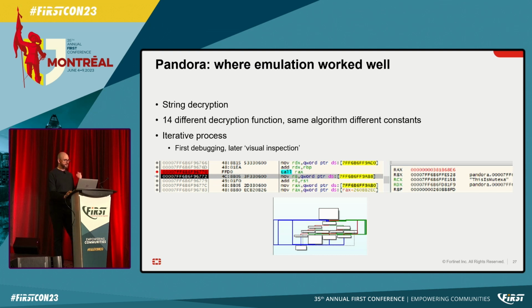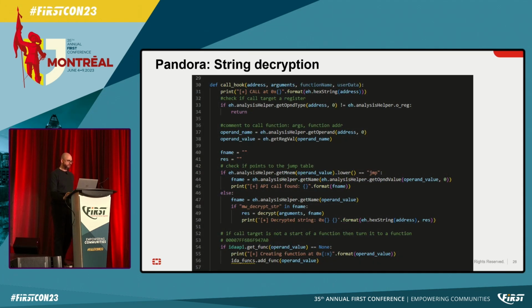And this is the IDAPython code for emulating the decryption. It's exactly the same until it finds a call, and once the call hook is executed, it checks whether the called address is a decryption function.